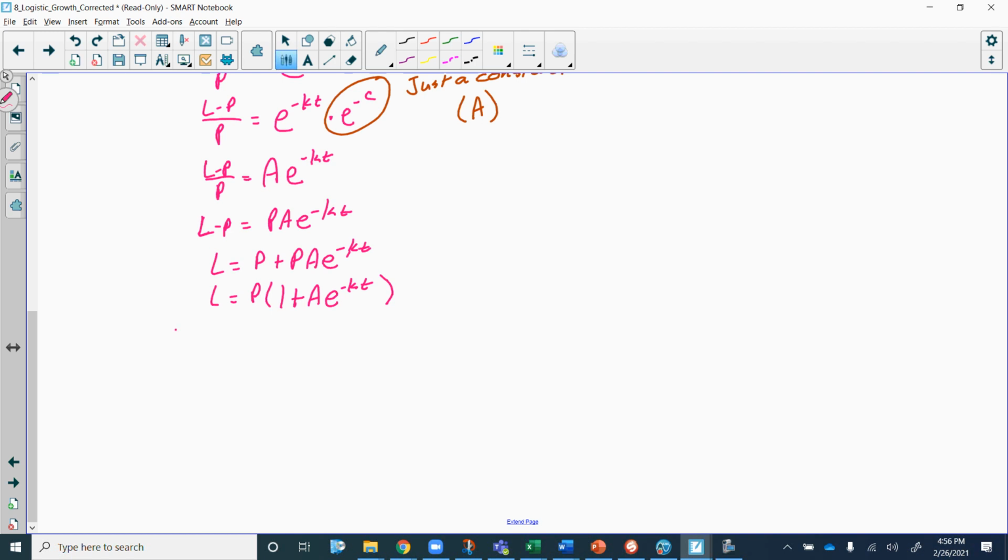So we wind up with L over (1 plus A times e to the negative kt power) equal to P of t. And that's how we go from the differential equation to the general solution of the function.